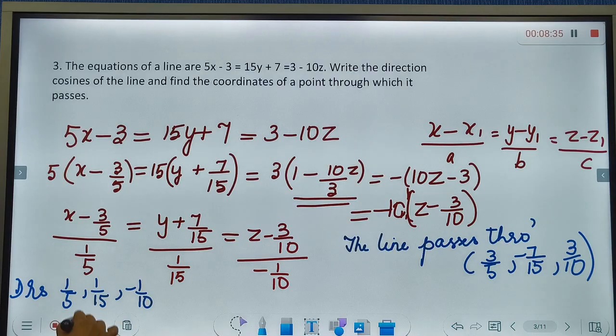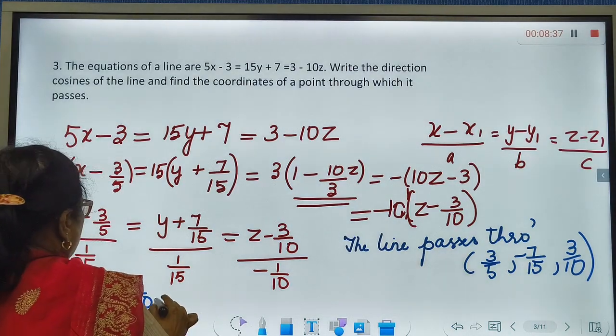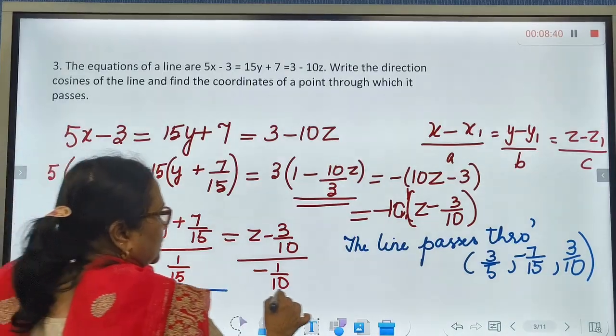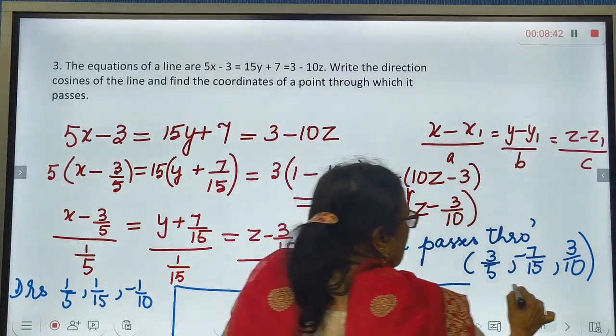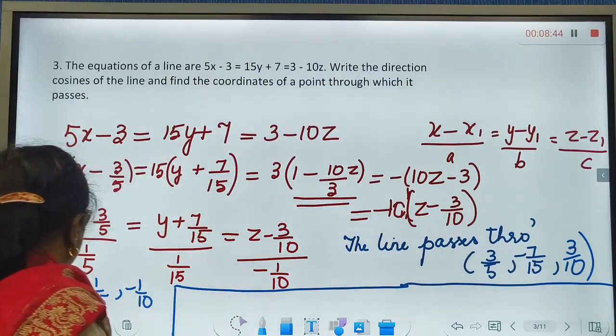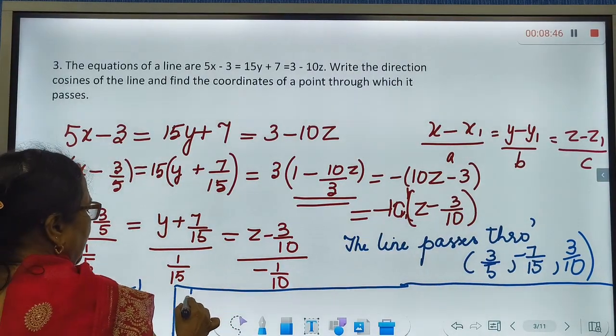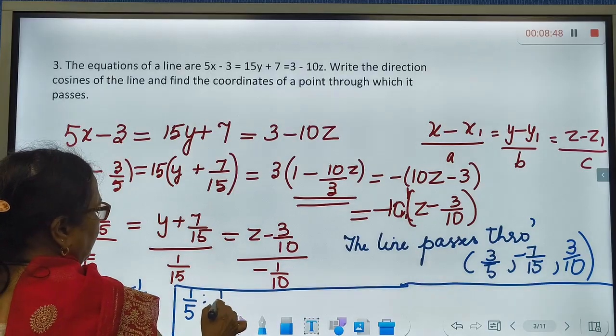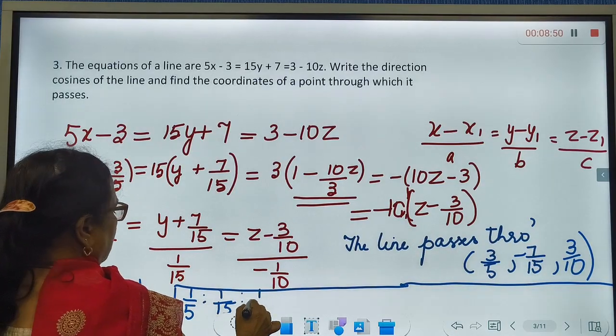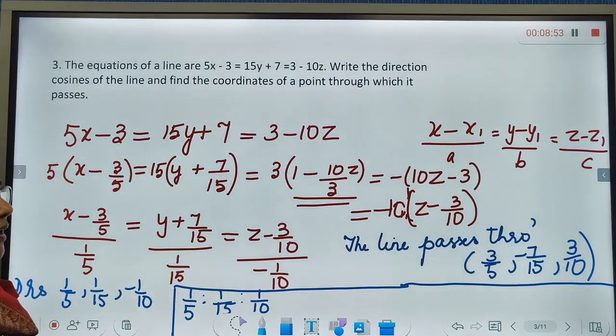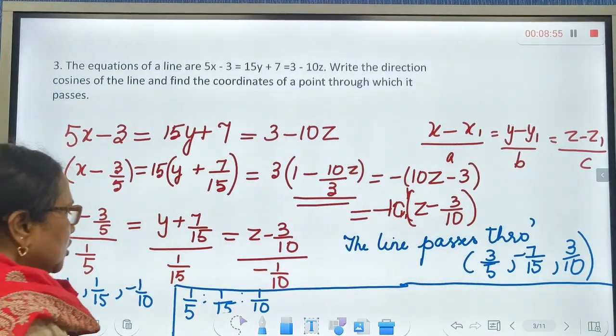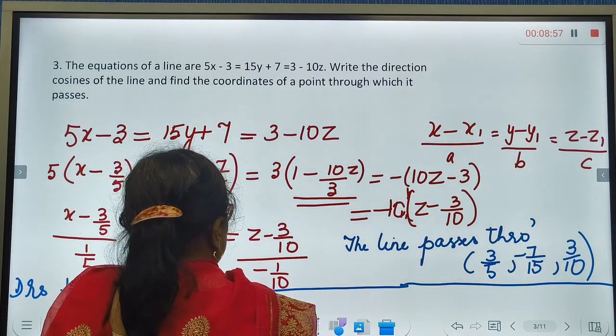Okay, so if I write it in the form of a ratio, this is 1 by 5 is to 1 by 15 is to minus 1 by 10. If I multiply throughout by 15, what will I get?